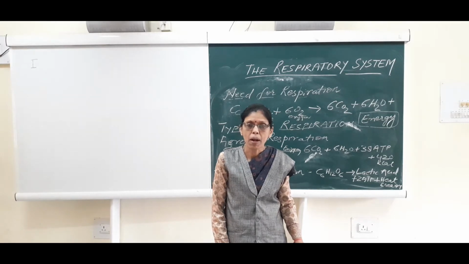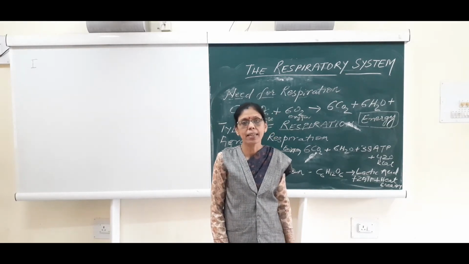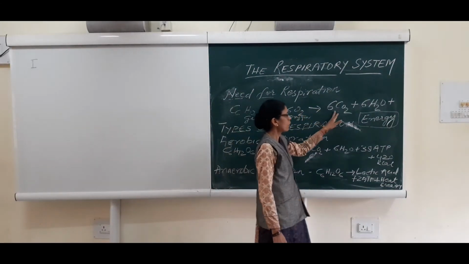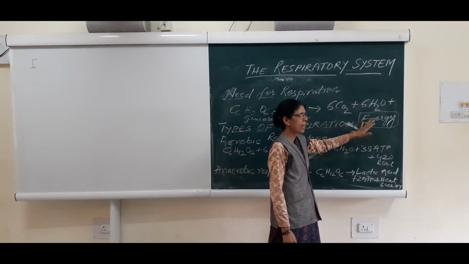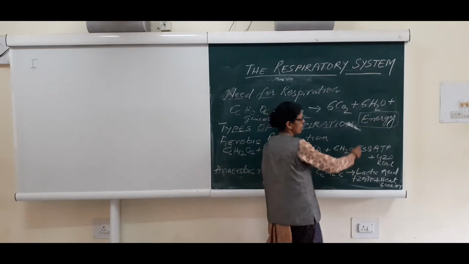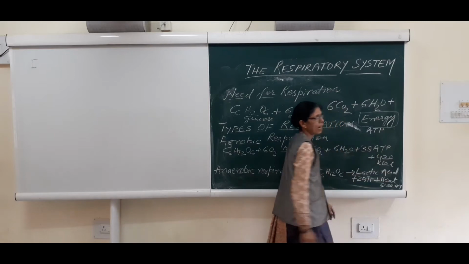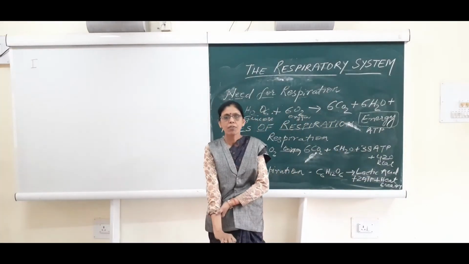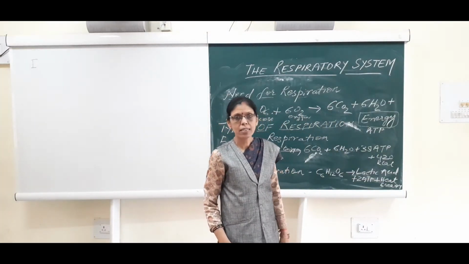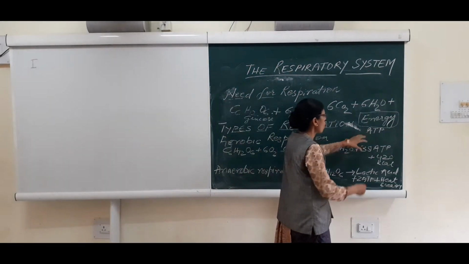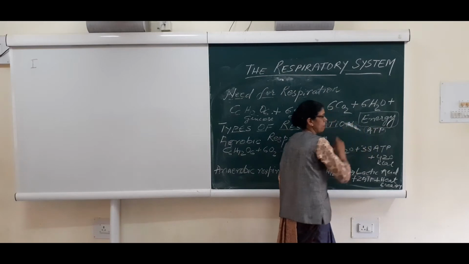They carry out biochemical reactions, that is, the reactions which are carried out in our body. Then carbon dioxide, water and energy are liberated. This energy is in the form of ATP, adenosine triphosphate. This is called the currency of the cell because ATP is the main source of energy.